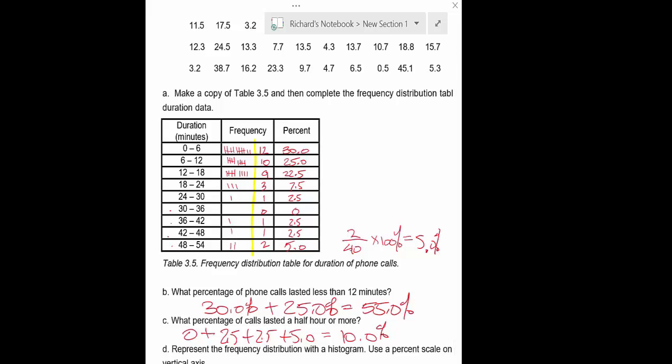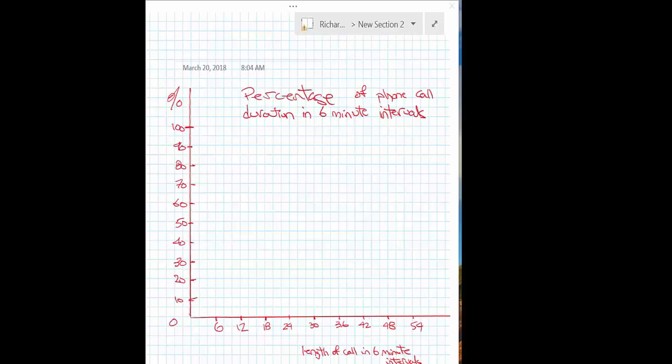Okay, represent the frequency distribution with a histogram and use a percent scale on the vertical axis. Okay, so I'm going to do that manually now. I have prepared the axes for my histogram for the percentage of phone calls, where we want to find out what percent of calls were in what bin, like 0 to 6 minutes, 6 to 12 minutes, etc. And with the data, it turns out 30% of the calls were between 0 and 6 minutes.